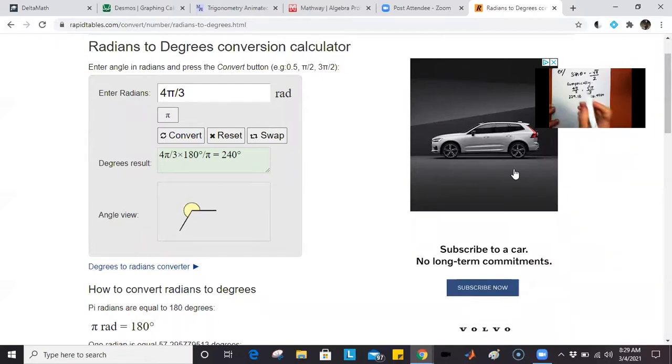Yikes, I realized I messed something up when I was looking at my conversion. It didn't include pi, so I had to find a new calculator to convert radians to degrees. So 4 pi over 3 radians is 240 degrees. Great. And 5 pi over 3 convert. There we go, 300 degrees, much better. 300 degrees, so 240 and 300 degrees.